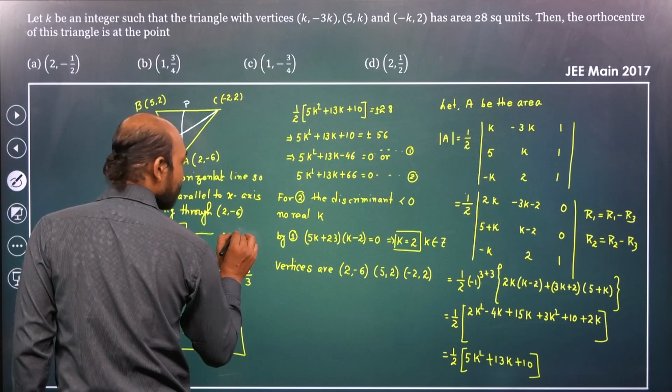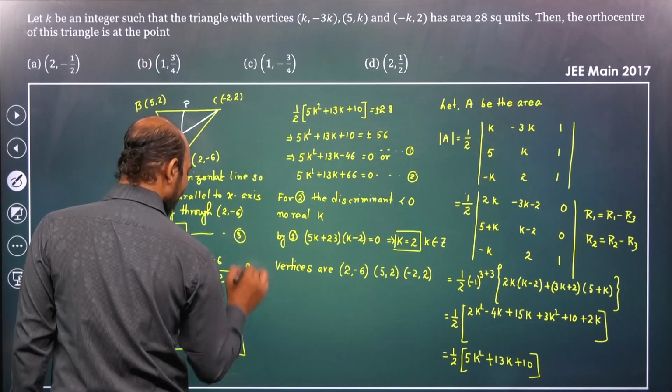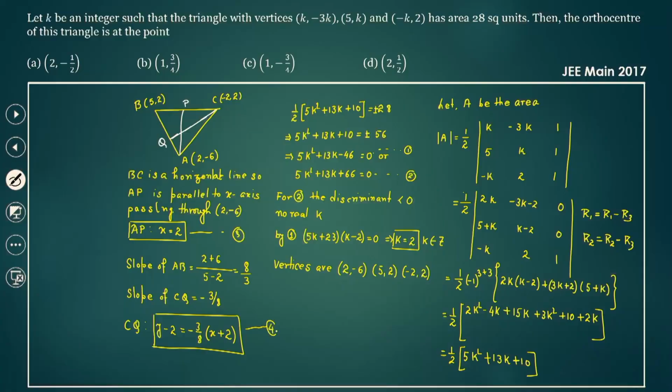Now we just substitute. So this is my equation number 3, and we have equation number 4. We need to find the point of intersection. So by 3 and 4, we find y minus 2 is equal to minus 3 by 8 multiplied by 4. That gives you minus 3 by 2.